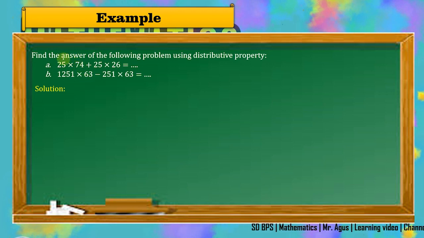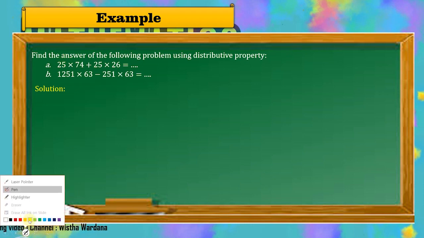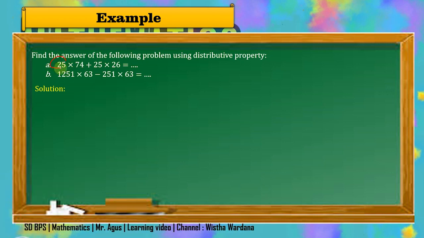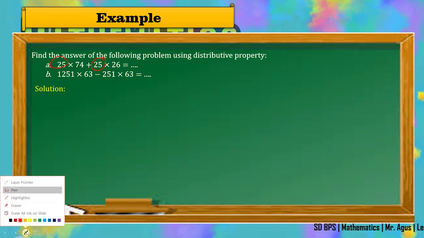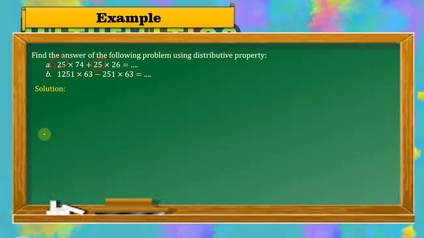The first thing is to check the same number involved in the equation. In this case, we have 25 and this one is 25. So there are two 25s over there, and then you can put 25 outside of the bracket, and then 25 multiplied by 74 plus 26.